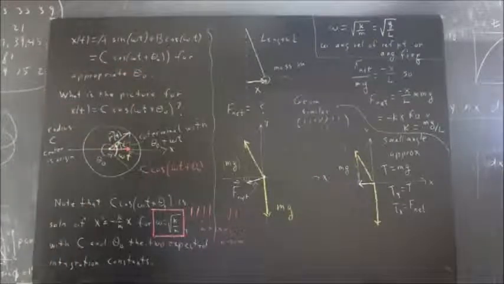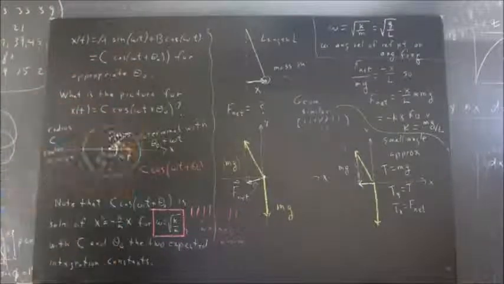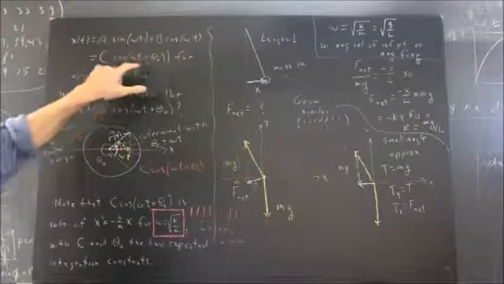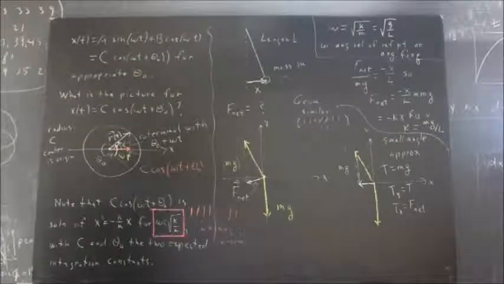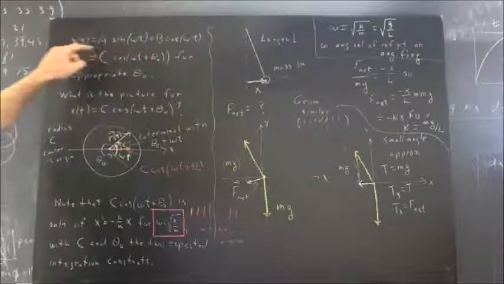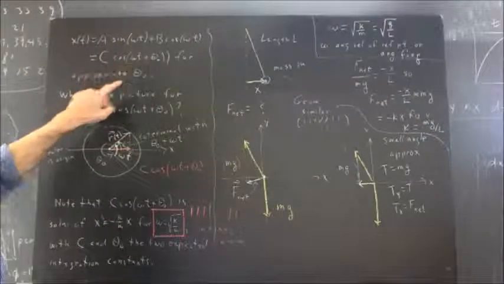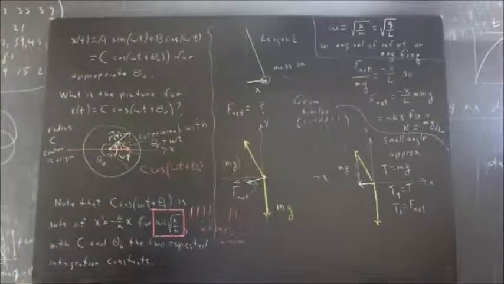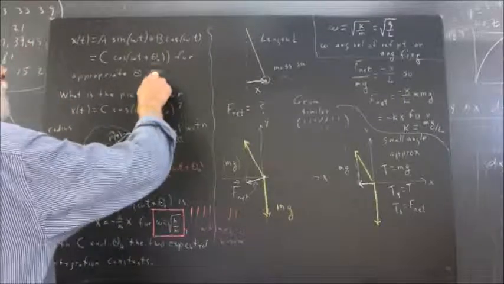Not that I think it necessarily gets done in most high school trigonometry classes, but that's the level at which it is. So you should understand how to combine these to get this, and if you don't, you should brush up on your trigonometry. Okay, so this is equal to this for the appropriate theta naught and also c, so I better write that in there.